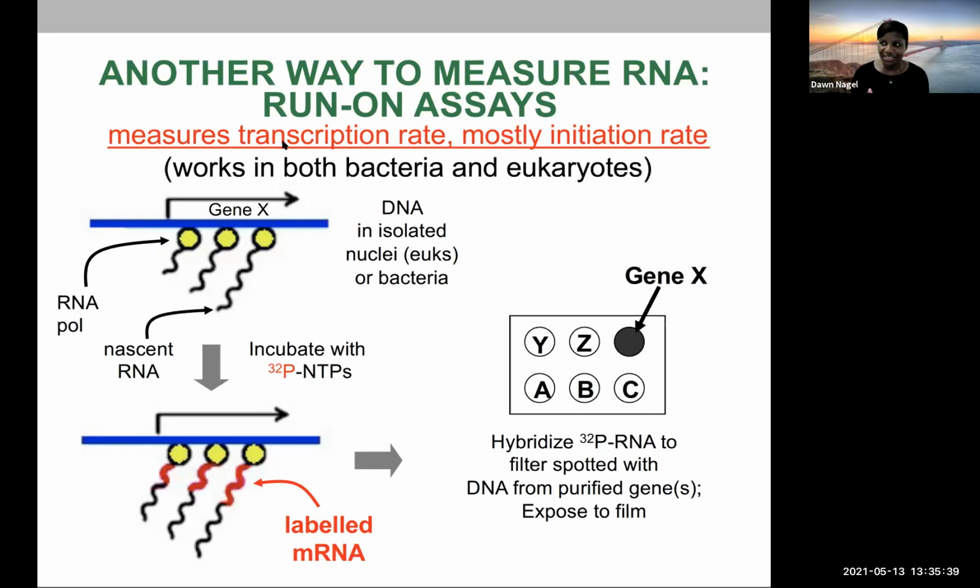When we think of steady state, what we're usually referring to is the difference between what's made and what gets degraded, and what's left. So it's what's left of a product after it's been made and after some of it has been degraded. Because as I mentioned, mRNA is going to get degraded, right?